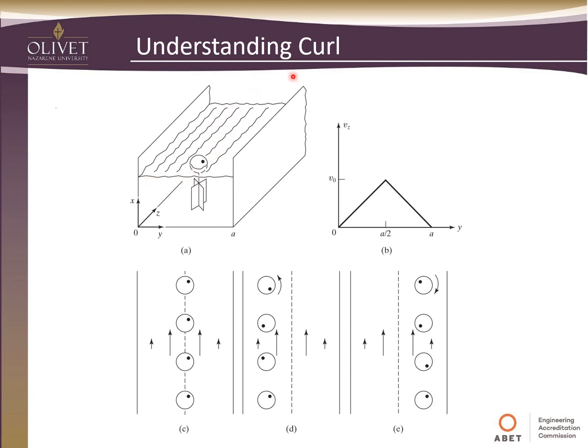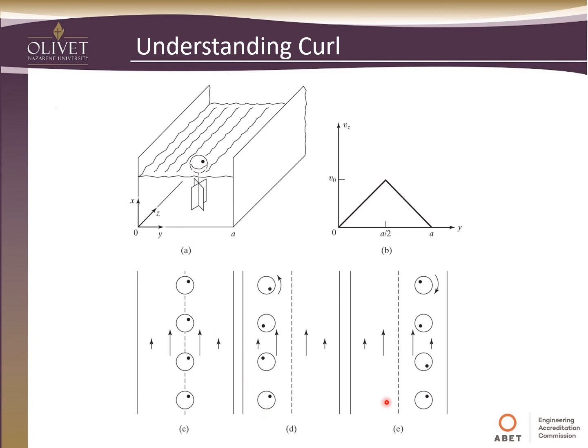If we drop in a floating bob with a pinwheel paddle on the bottom at the center, we would expect the pinwheel to stay stationary as it goes down the channel. This is velocity in terms of z, and it would just float down the way.